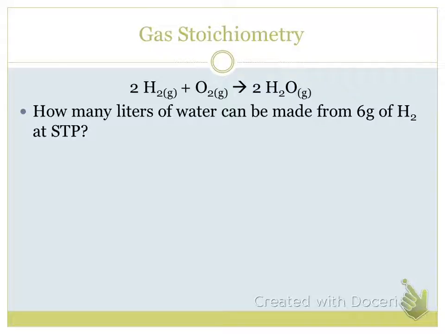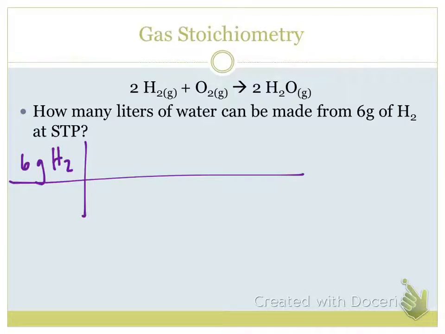All right, so we're going to start with what we know, which is 6 grams of H2. We want to get rid of grams of H2 and go to moles of H2. How many grams are in a hydrogen gas molecule? 2 grams per 1 mole.